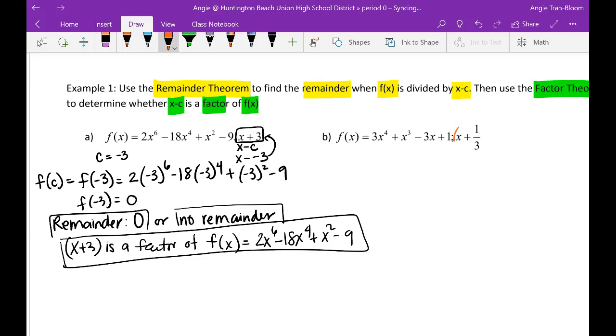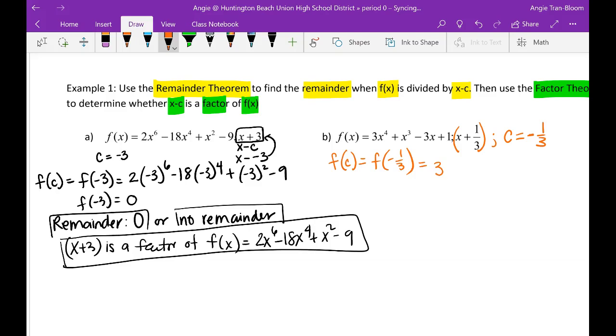All right, let's do B. So x plus 1/3 is what they gave you. That means c is the opposite, which is negative 1/3. To use the remainder theorem, we will now plug in f of c. In this problem, c is negative 1/3.